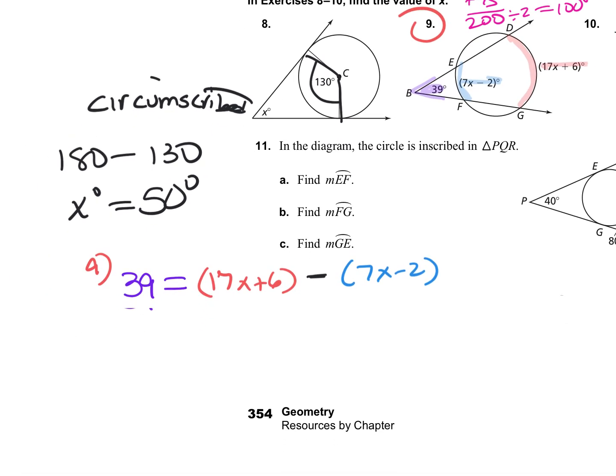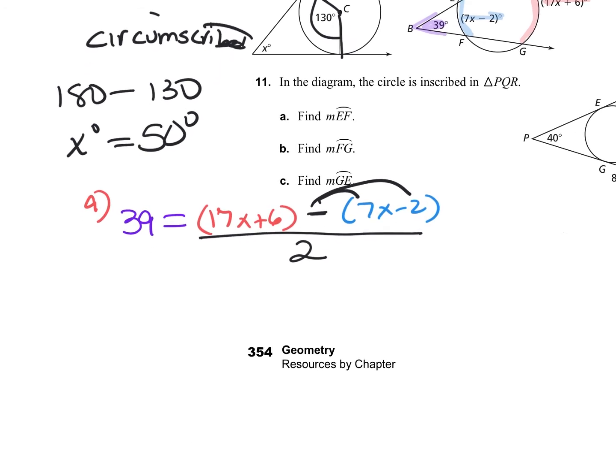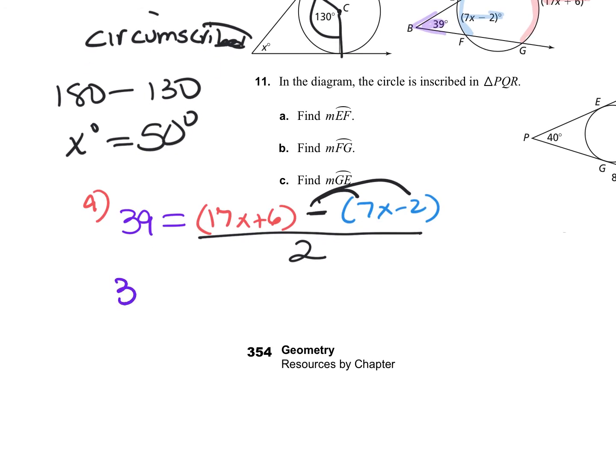Now, notice how I put them in parentheses, because what we're doing is subtracting the entire blue quantity. So I need to distribute this subtraction sign to both. So what this is really going to turn into is 39 equals 17x plus 6 minus 7x, and then the negative when I distribute it here turns into a positive 2. And then it's still divide by 2.